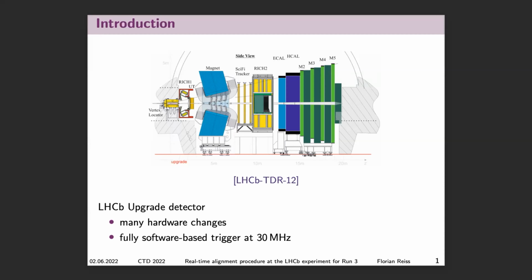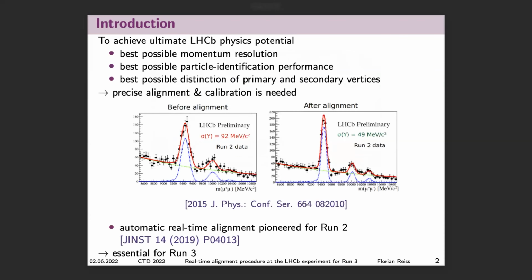So as we've been told several times now, for Run 3 we have this LHCb upgrade detector where we changed a lot of the hardware and are also switching to a fully software-based trigger, which runs at the 30 megahertz non-empty bunch crossing rate. To get the most out of our detector, we need to reach our precise physics goals.